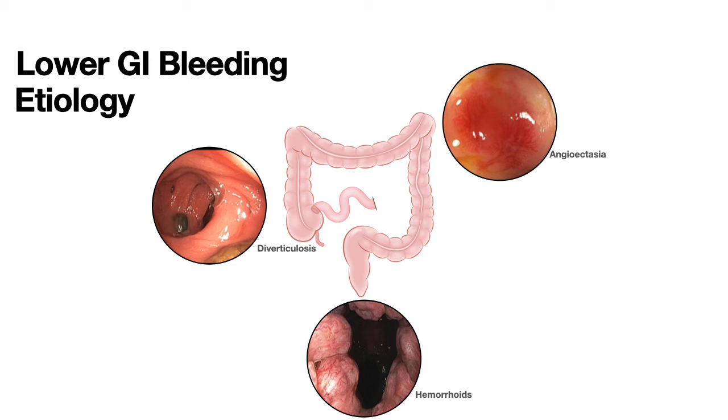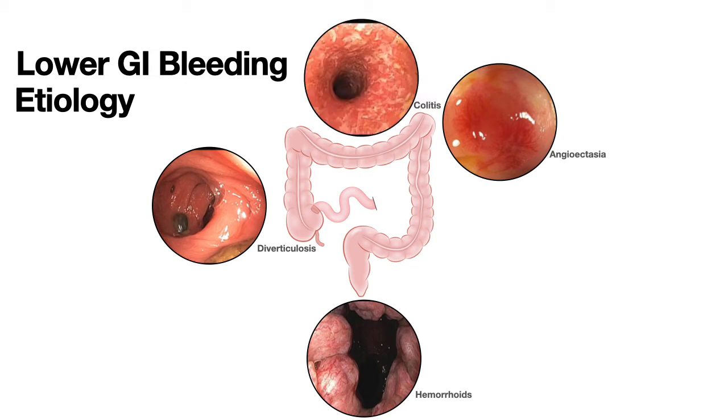If the patient has pain and also has diarrhea, mucousy stools along with blood, consider the possibility of colitis. It could be inflammatory bowel disease, either ulcerative colitis or Crohn's colitis, or in an elderly patient or patient who has underlying cardiovascular disease, atrial fibrillation, etc., one should consider the possibility of ischemic colitis.